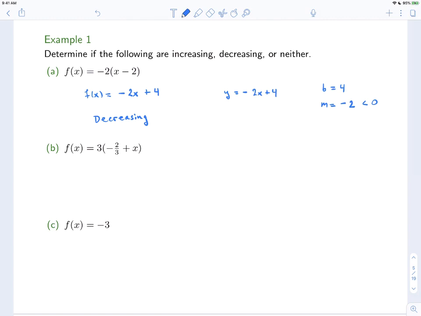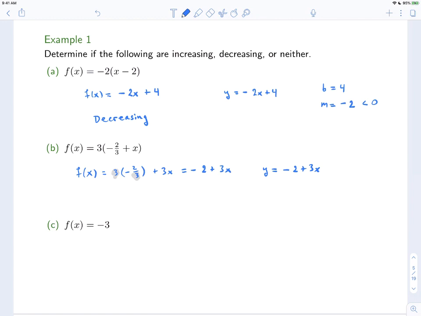Let's look at b. Again, we're going to do the same thing. I want to distribute that 3. So it's going to be 3 times negative 2/3 plus 3 times x. Now that 3 will cancel with that 3. So what we end up with is negative 2 plus 3x. So the equation of this line is y equals negative 2 plus 3x.